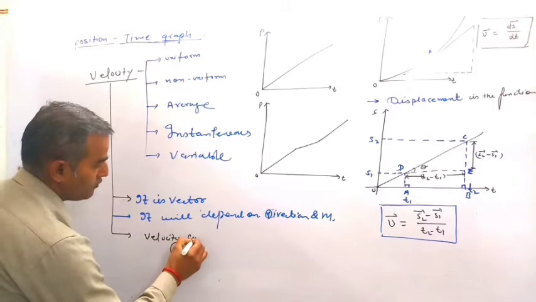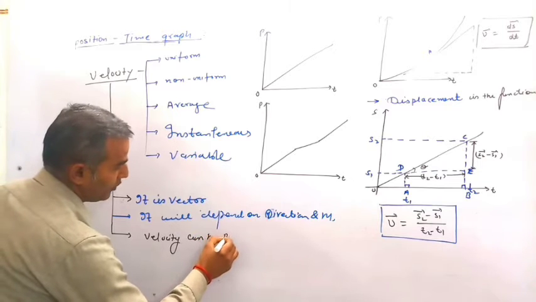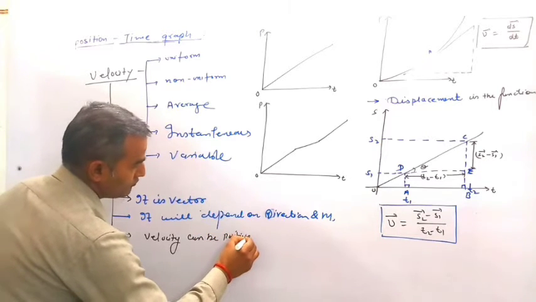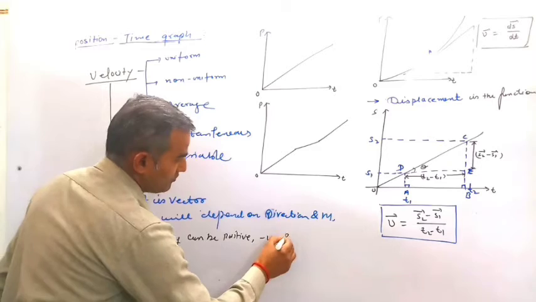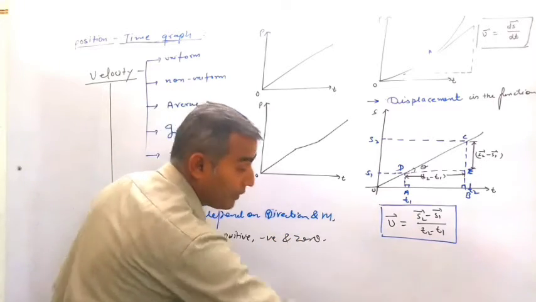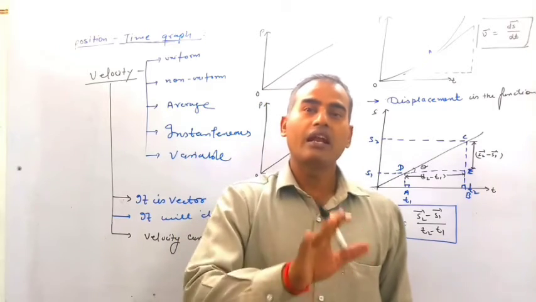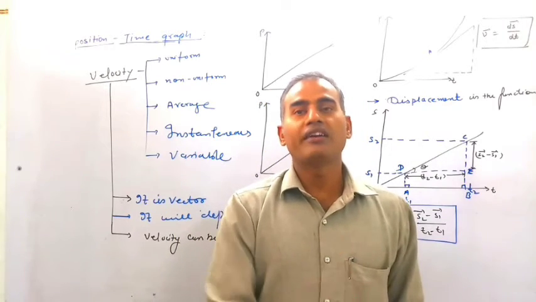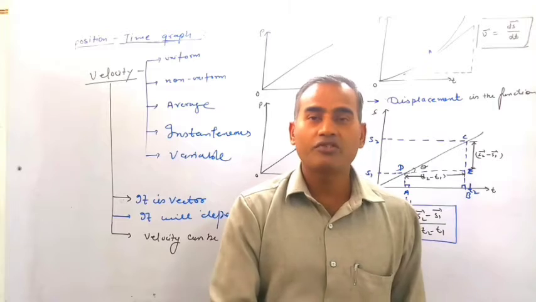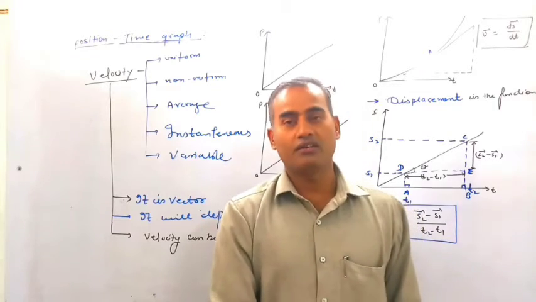Velocity can be positive, negative, and zero also. But remember that speed is never zero, never negative, always positive, because speed is a scalar quantity.